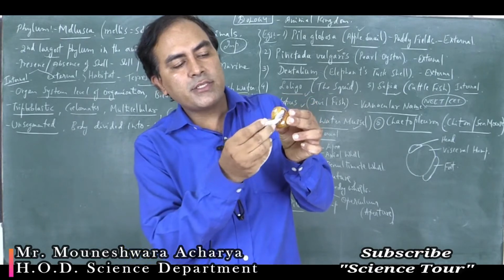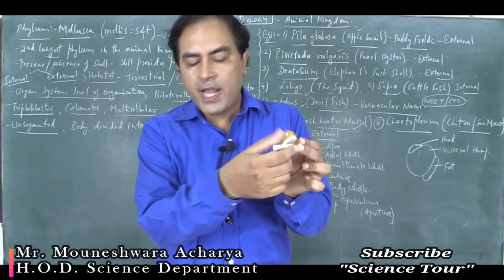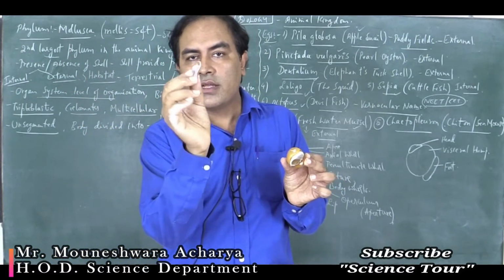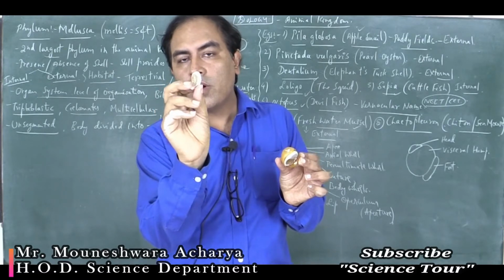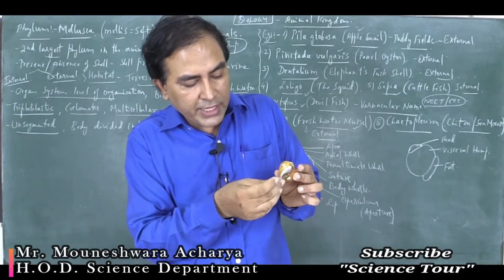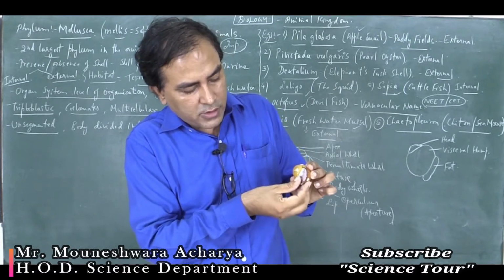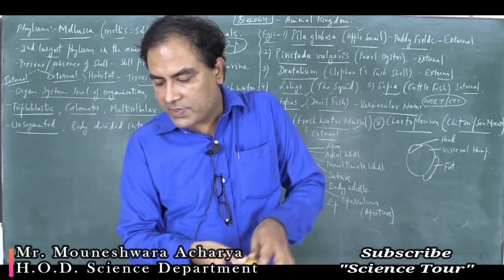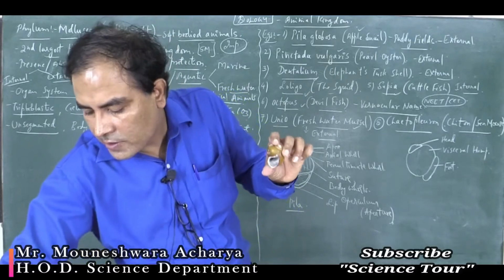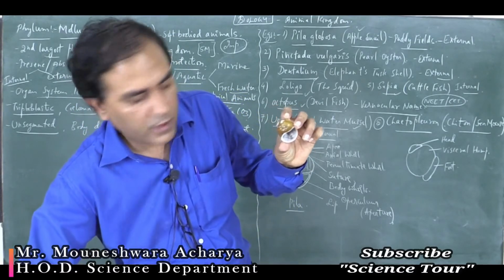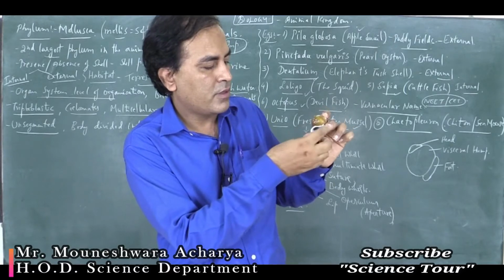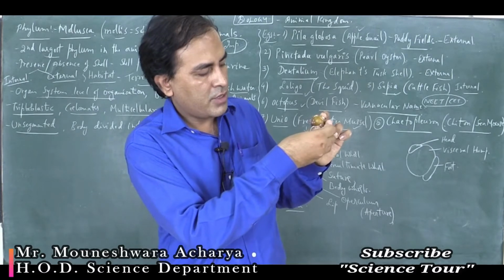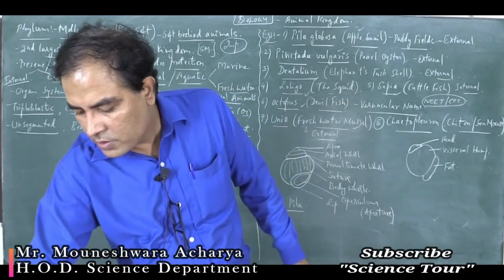See, inside this the animal burrows, and this is the lid, called operculum or aperture. It will fit into its lip like this, and it will give protection to the animal which lives inside. It fits perfectly to the mouth.